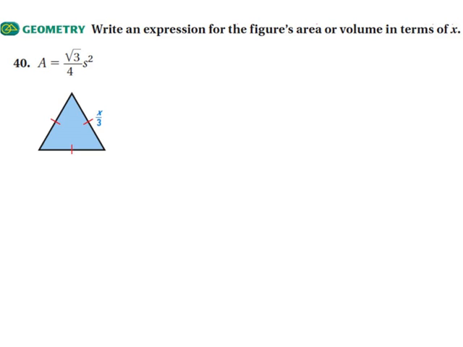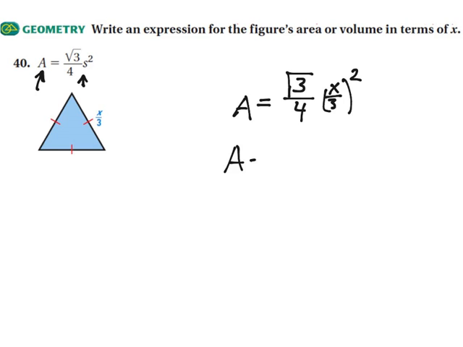Okay, and this one says, write an expression for the area or volume of the figure in terms of X. So what's going to happen here is S equals side, A is our area. So we're going to plug in that side, and that's going to be X over 3 squared, which we learned today just means that we square both top and bottom, so it'll be X squared over 3 squared.